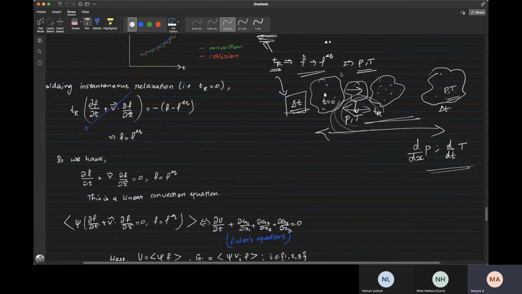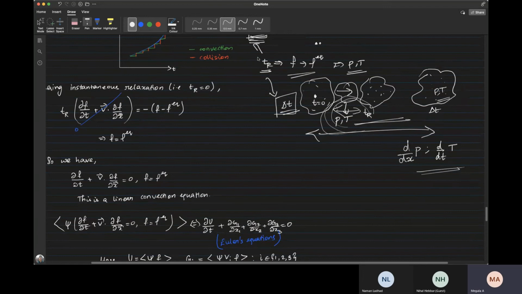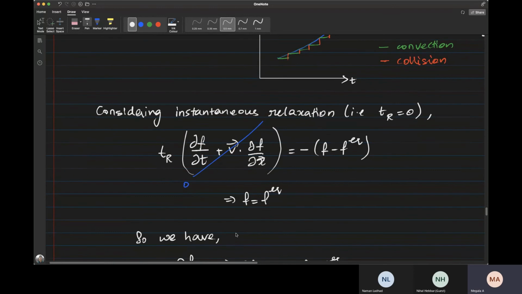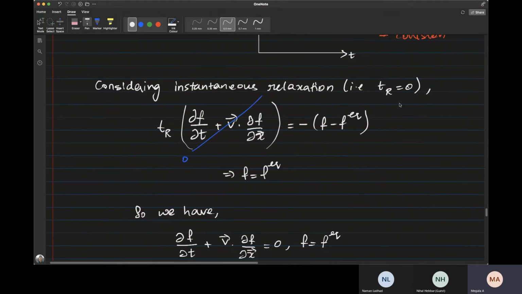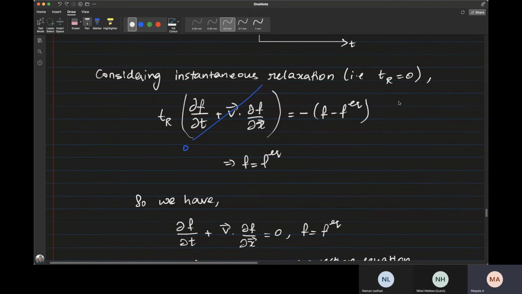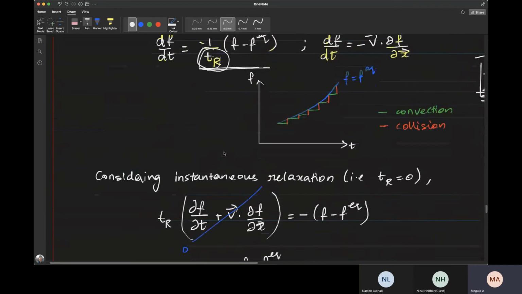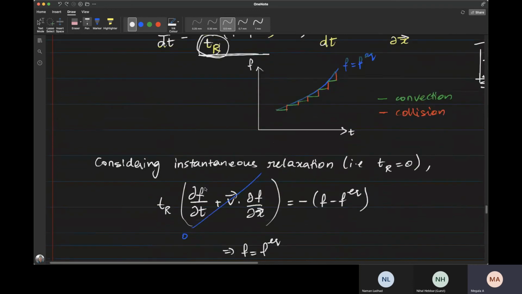So this is why we take our relaxation times to be very small. Now, to simplify further, suppose we take this relaxation time TR to be exactly 0. This is actually the simplified form of our previous Boltzmann equation, where we had a minus 1 over TR initially, which I've taken to the other side.